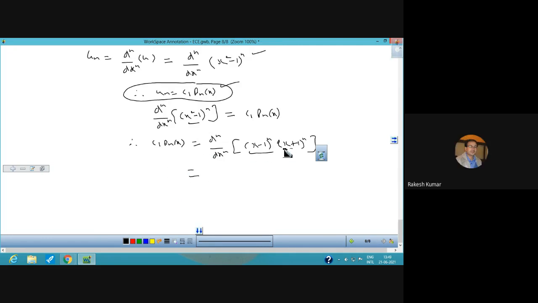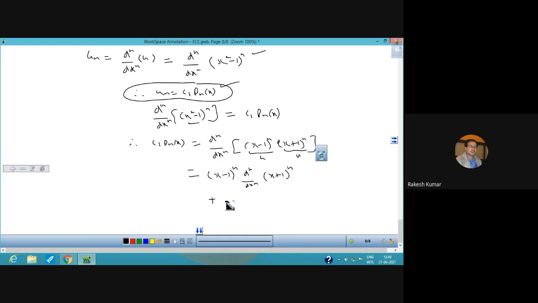This is u into v formula, nth order derivative. Now the same kind of a result will be used, that is the Leibniz theorem. U as it is x minus 1 whole raised to power n. इसको as it is ले लीजिए. So nth order derivative of x plus 1 raised to power n.